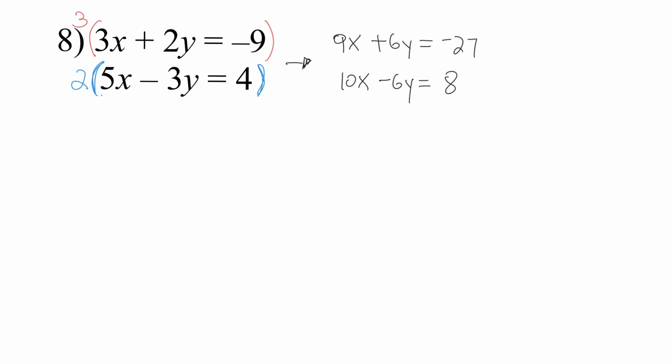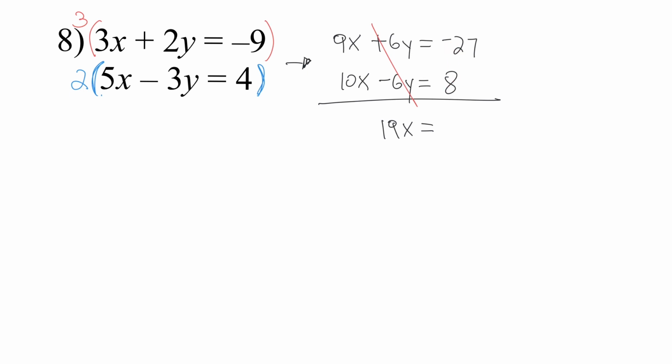Now, check the y's. On the y's, we have the same number, different signs. So we can cancel the y's. I'm going to combine the two equations and cancel the y's. You combine the x's, 9x plus 10x. That's going to be 19x. And on the other side, you have negative 27 plus 8, different signs.